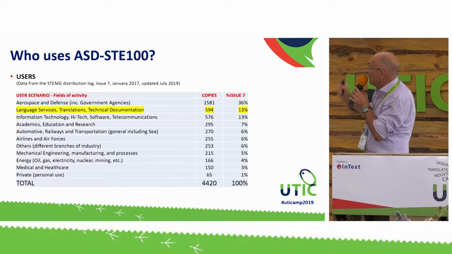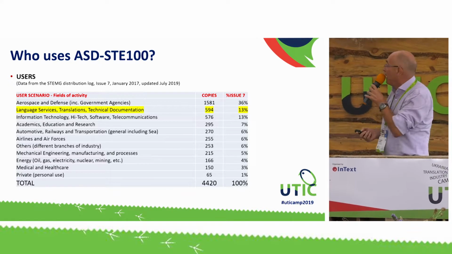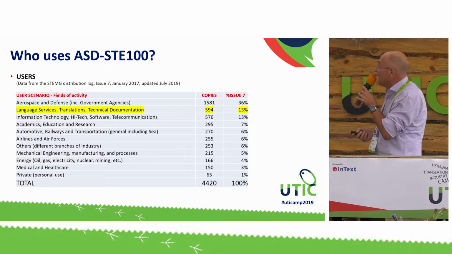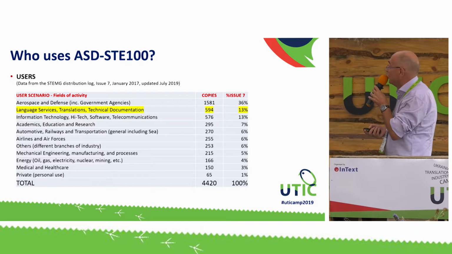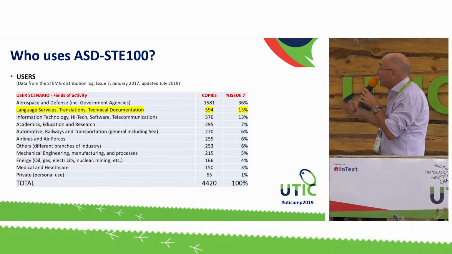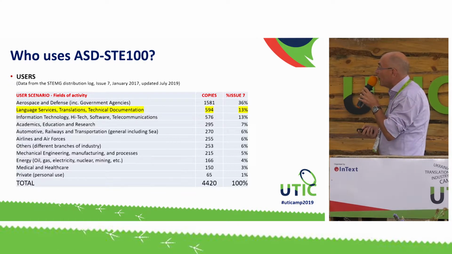So you can see the second place is language services, translations and technical documentation. Third place, information technology, high-tech software and telecommunications. Then we have academics, education and research, automotive, railways and transportation, including sea.